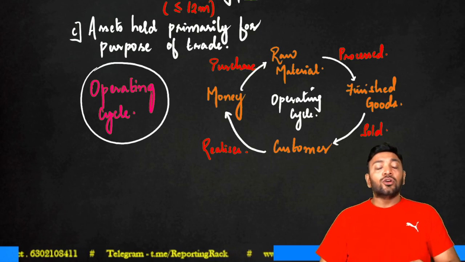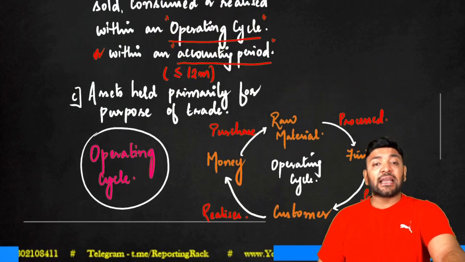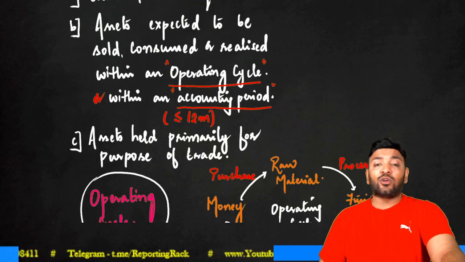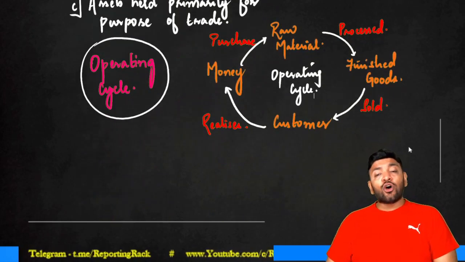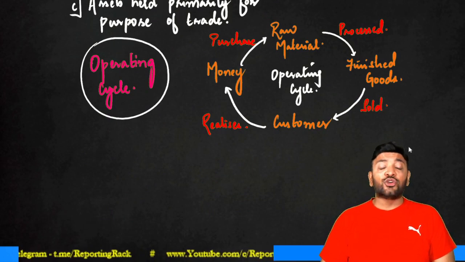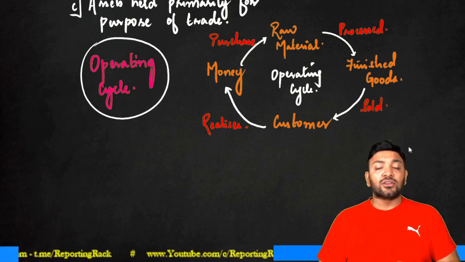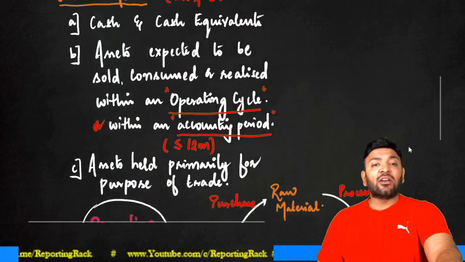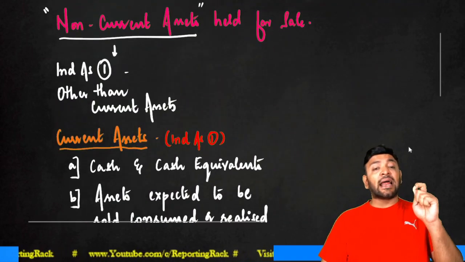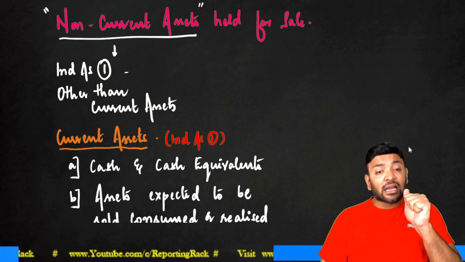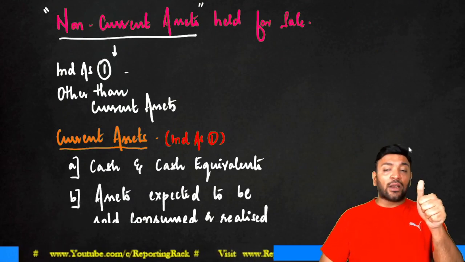Clear? So whenever I say operating cycle, it is generally within 12 months that you will have to realize this money. Therefore, this operating cycle is generally assumed to be less than 12 months. So what are we saying? We started with the word non-current asset, and I said a non-current asset is other than current asset. Then what is your current asset? Cash and cash equivalents.